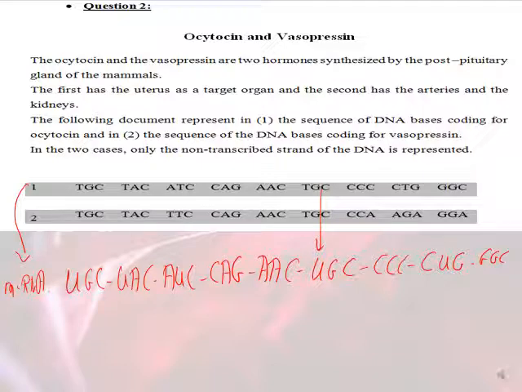Pay attention here. What did we change in the sequence? We changed only this. T is replaced by U. Also T is replaced by U. And here the T is replaced by U, and here also. Okay? So here are the changes in the sequence. In this way, we can determine the sequence of RNA.